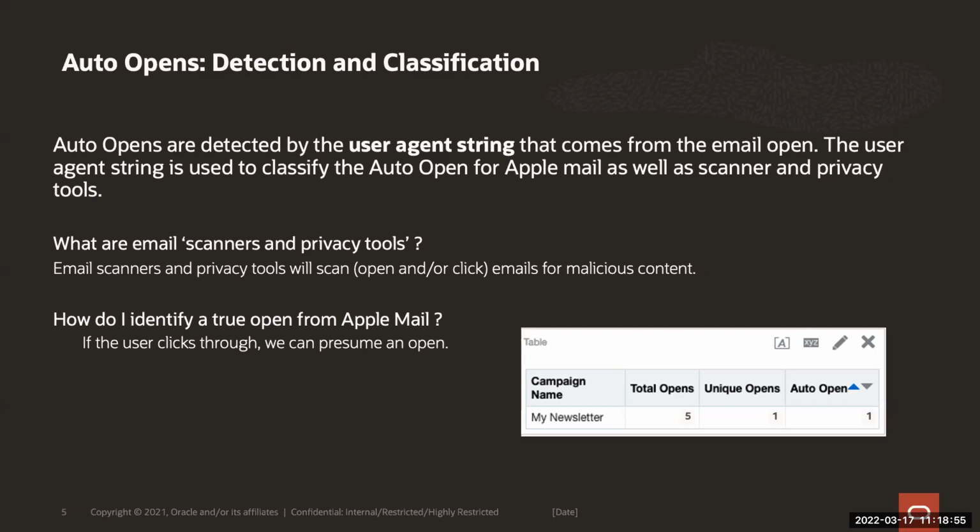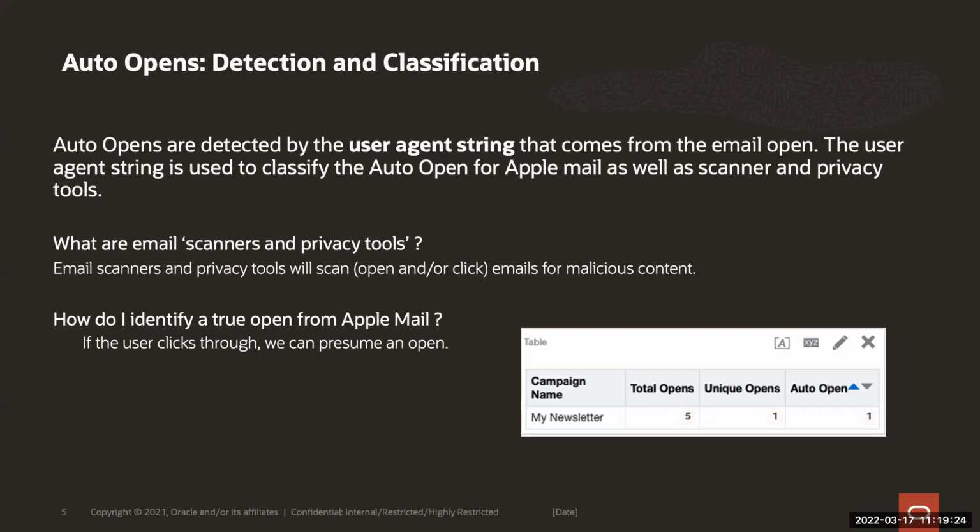Segue into the next question, which is, what are email scanner tools and how do they differ, if they differ at all, from how we classify Apple Mail auto opens? These are essentially tools that businesses implement to scan their emails and make sure that they are safe. So these tools will actually open your emails or click or assess the links, and they're looking for malicious content.